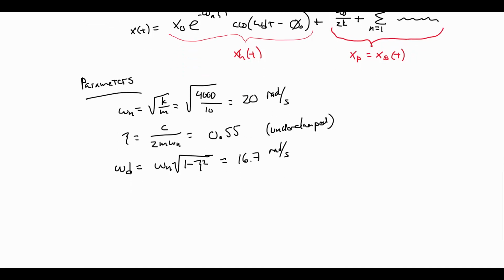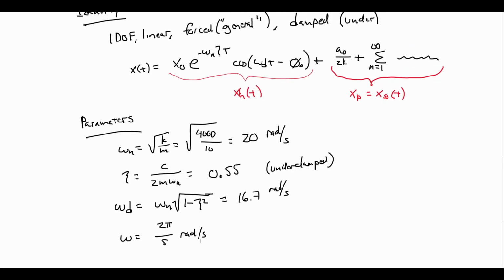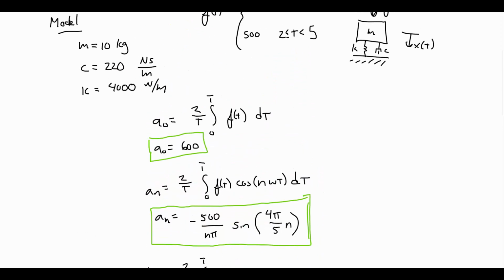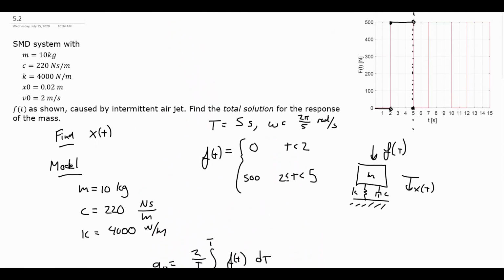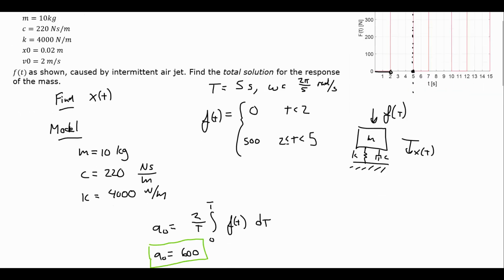I will recopy the omega, that fundamental driving frequency was 2 pi over 5 radians per second. So that was from the Fourier series part, going all the way back up here. We said that the period was 5 seconds, so omega was 2 pi over that, so 2 pi over 5 radians per second.